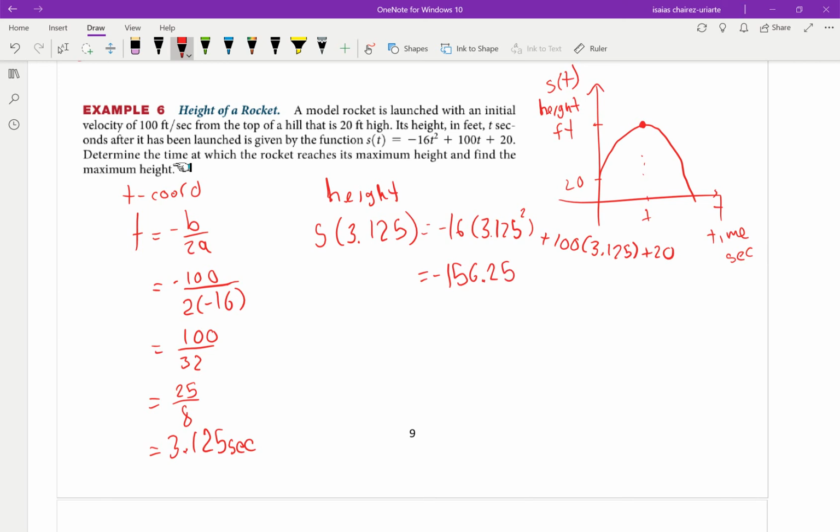Then 100 times 3.125 is 312.5, plus 20. Adding all of this, 20 minus 156.25 plus 312.5, I end up with 176.25.